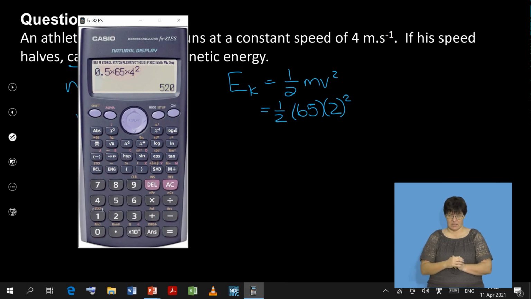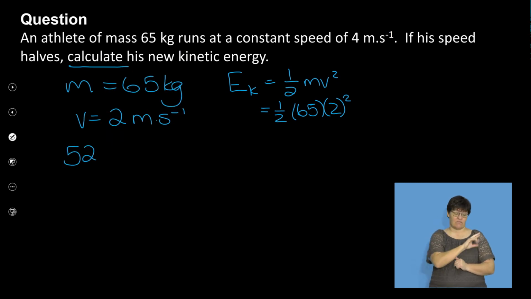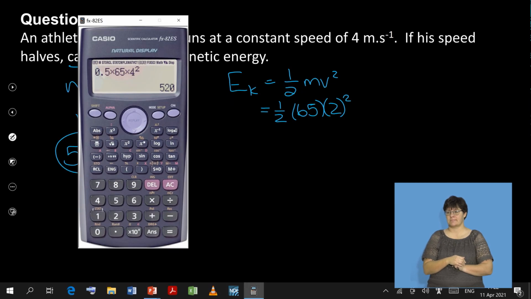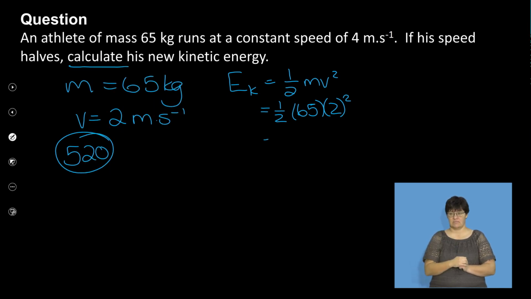Now, the one we had last time was 520. Let me quickly put that there to remind myself. And now we've got half times 65 times 2 squared, and we get 130.